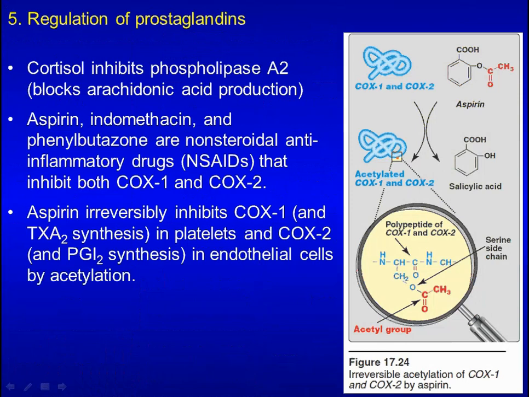Cortisol inhibits phospholipase A2 and blocks arachidonic acid production. Aspirin, indomethacin, and phenylbutazone are non-steroid anti-inflammatory drugs, or NSAIDs, that inhibit both COX-1 and COX-2. Aspirin irreversibly inhibits COX-1 and COX-2 by acetylation at the serine residues of this enzyme, as shown in this picture.